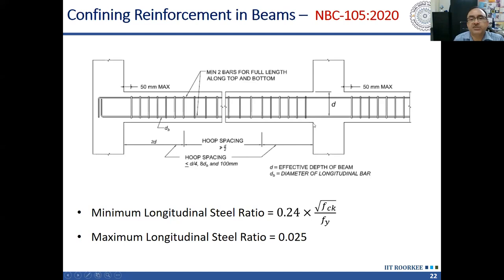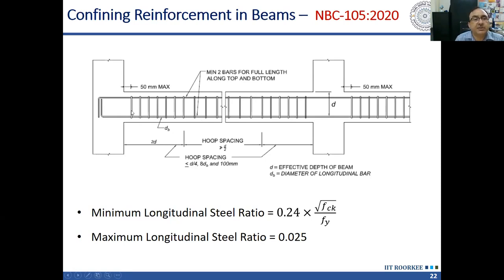Now, 2D from this side and 2D from this side is to be confined. In between, the special confinement is not required. We can provide the normal shear reinforcement and the normal confining reinforcement, which is as per the concrete design code. Okay, IS 456 in Indian condition.